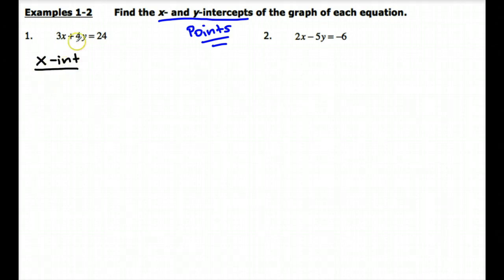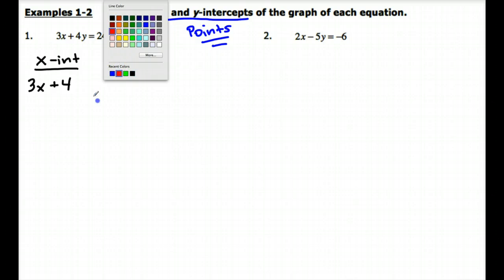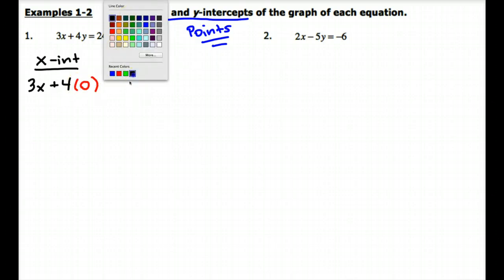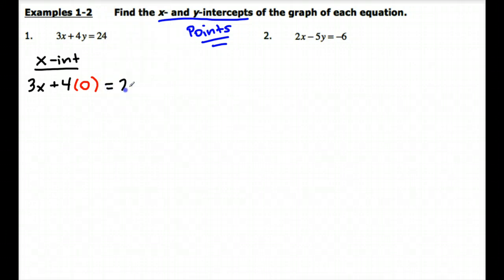To find the x-intercept of this line, I can substitute 0 for my y value, because I know the y-coordinate of the x-intercept has to be 0. So I'm going to take the equation 3x plus 4y equals 24, and I'm going to assume y is 0. That gives me 3x plus 4 times 0 equals 24.